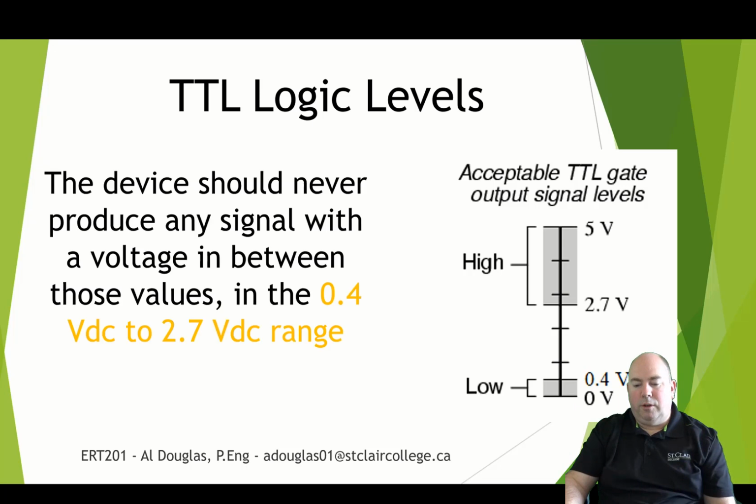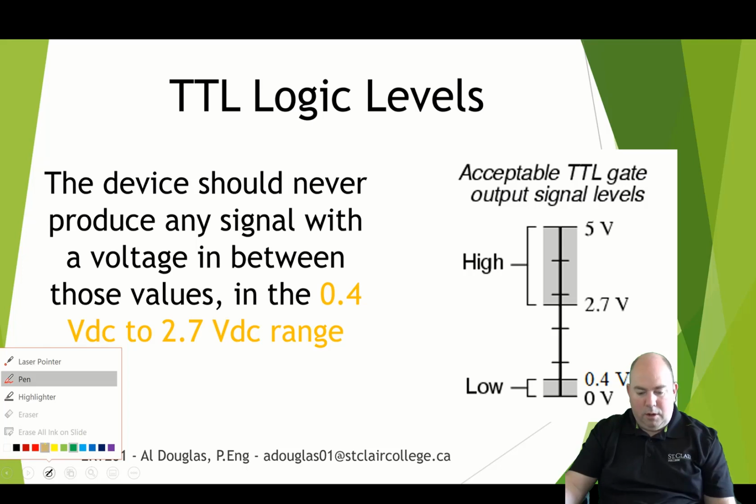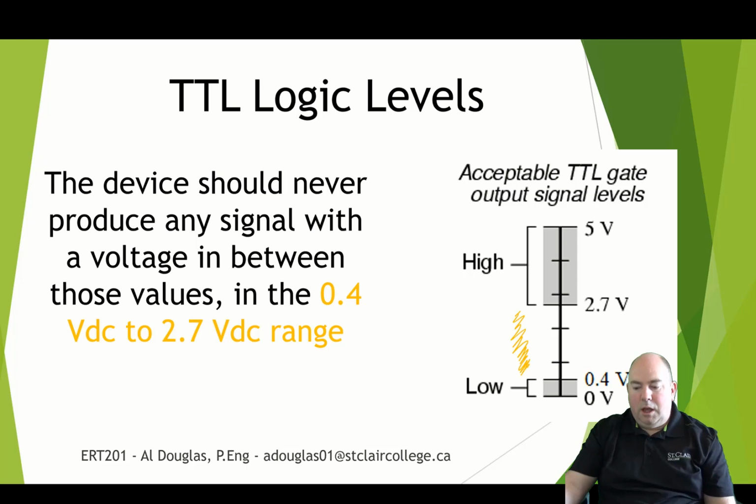We should never get anything that falls in between there. If our device does produce something in this range here, that means that there is something actually wrong with the device.